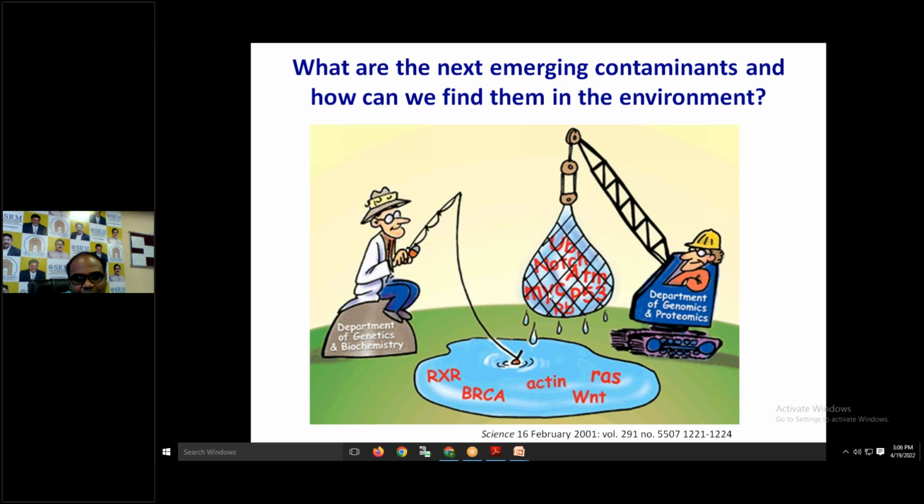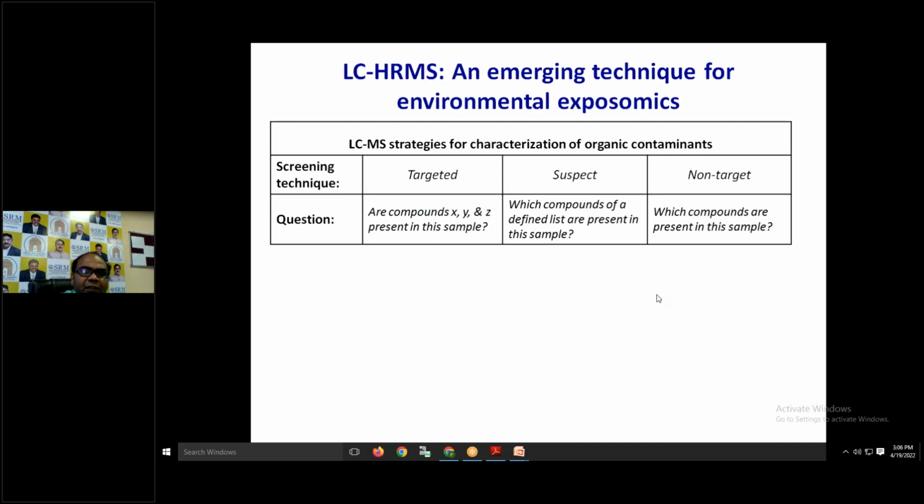Those people are going to identify genetic level work and different metabolomic work. Particularly this relates to identification and quantification work, how to quantify the presence of those exposomics.